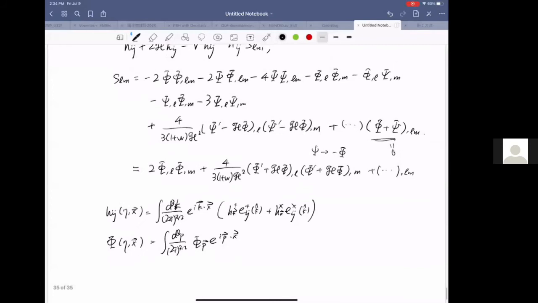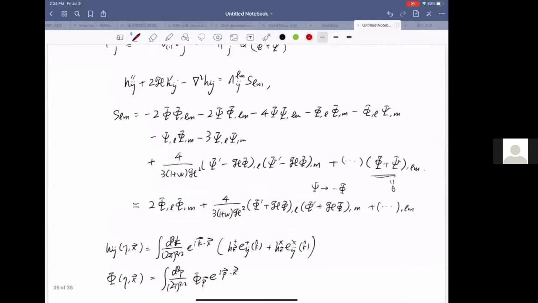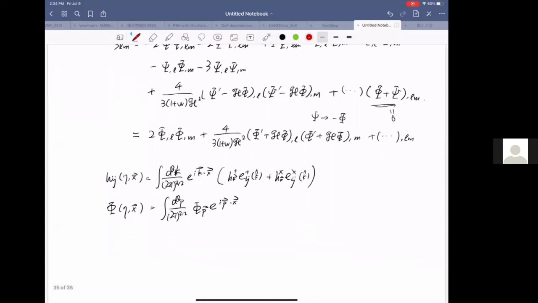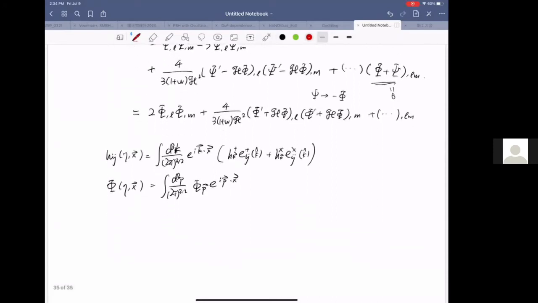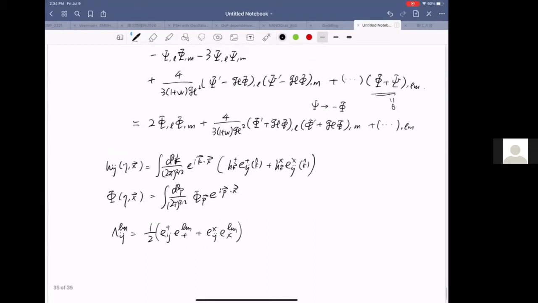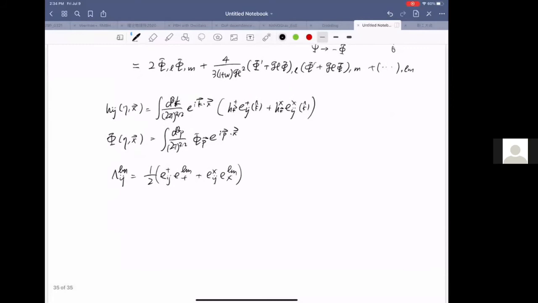And remember that the definition of this can be written as a sum of two polarization tensors. And then you substitute this back into the equation of motion and make the Fourier transformation of the equation of motion.